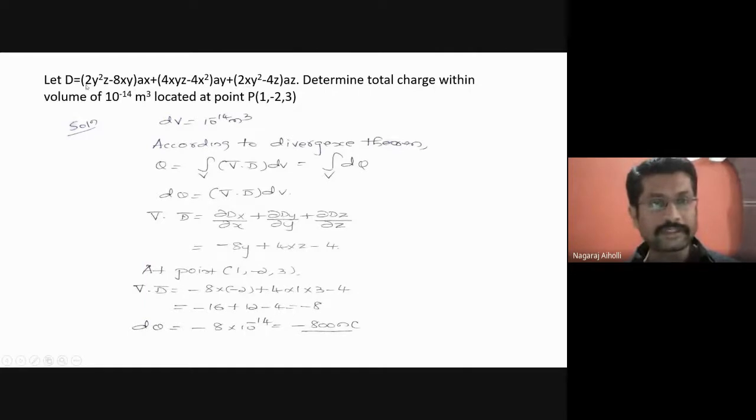Dx is 2y square z minus 8xy. This is your Dx component; differentiate it with respect to x. Then the Dy component is 4xyz minus 4x square; differentiate this with respect to y. Then the Dz component is 2xy square minus 4z; differentiate this with respect to z and tell me what equation you finally get.